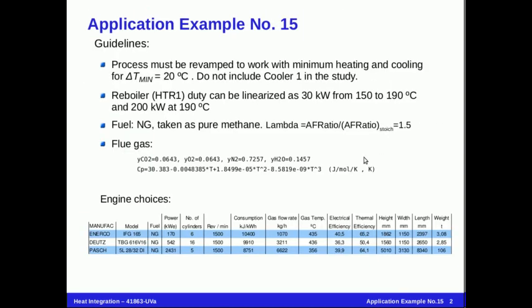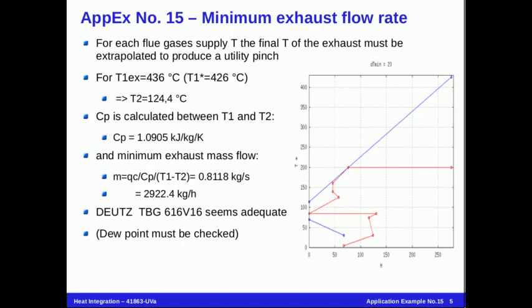For the Deutsch, this is the gas temperature, 436 Celsius. But remember, because this is a hot stream, you must take down half the minimum temperature approach from this starting temperature. Then it will be represented as 426 Celsius displaced temperature.